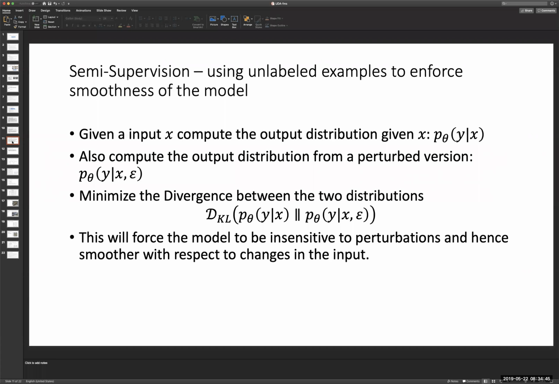But the key idea here is we enforce this smoothness by minimizing the divergence, the KL divergence, between the two distributions. So this is the mathematical notation that's used.